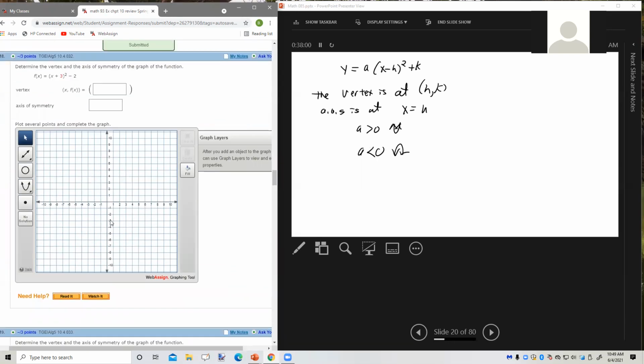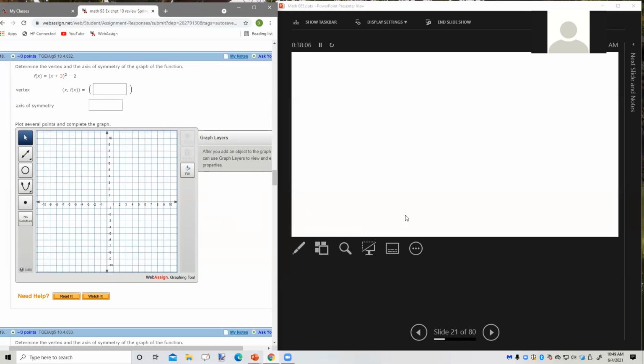All right, now we're going to do all that same stuff, but then we're going to graph it as well. Let's see here. So f of x equals x plus 3 squared minus 2. So the vertex is -3, comma, -2.